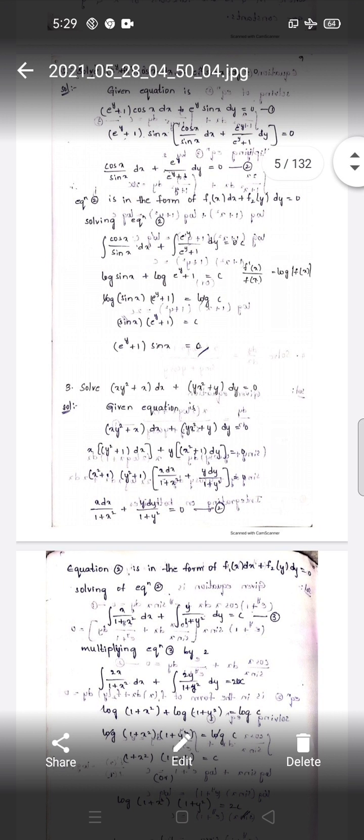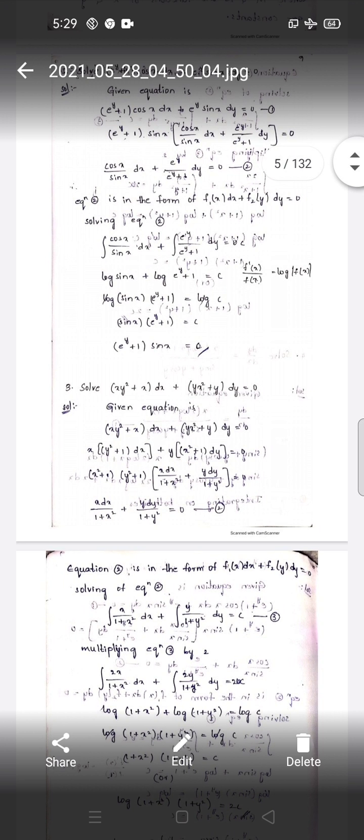Dividing by the common factor (x square plus 1)(y square plus 1), the remaining terms are x dx by (1 plus x square) plus y dy by (1 plus y square) is equal to 0.